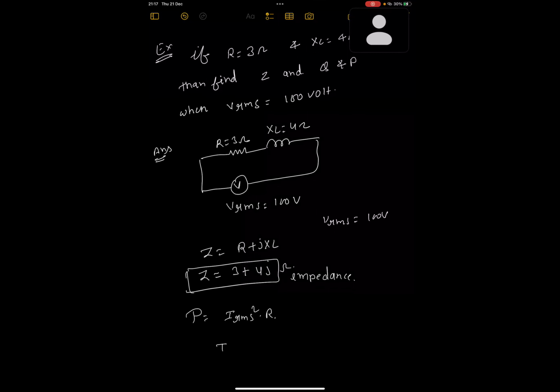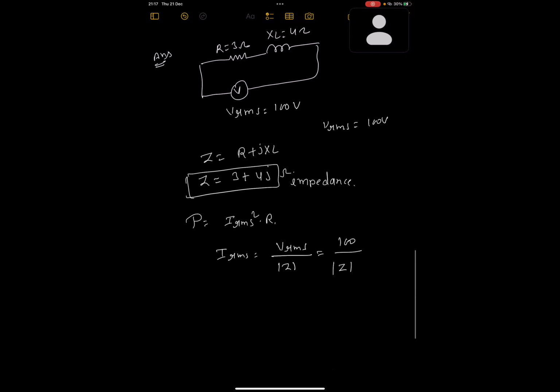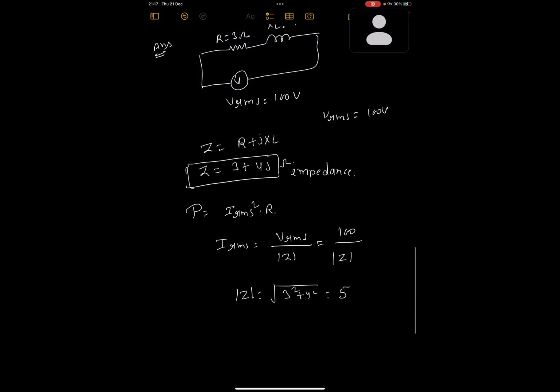So IRMS is nothing but VRMS by modulus of Z. 100 by modulus of Z. Mod of Z is nothing but under root of 3 square plus 4 square, that is 5. So IRMS is 100 by 5, that is 20 ampere.